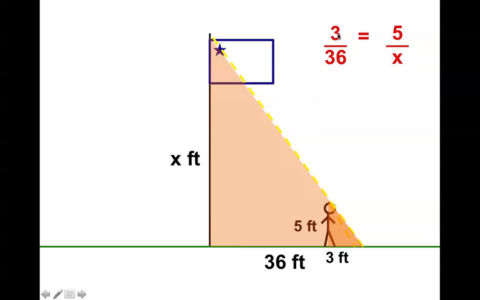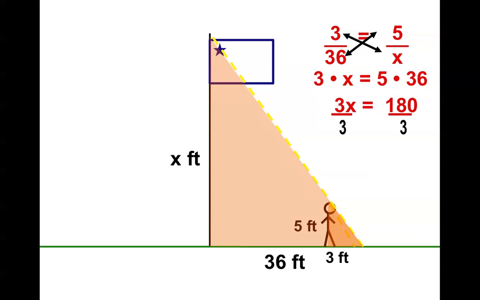Notice, the 3 feet of the shadow for the man and the 36 feet for the shadow of the flagpole correspond. And the 5 feet for the height of the man would equal how tall the flagpole is. Cross multiply. And you could get your answer, 60 feet. Pretty easy, huh?